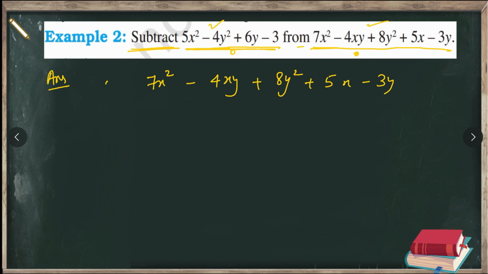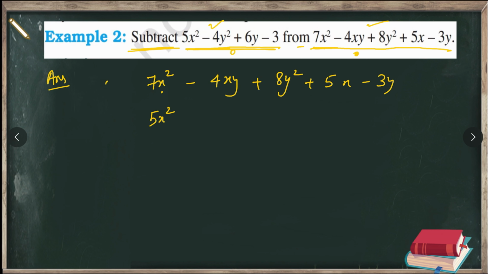So we'll follow the same method, writing the like terms one below the other. Like terms are the terms which have the same variable. So we'll write the like terms one below the other. We have 5x square, so we have an x square term here, so we'll write 5x square right below this one.